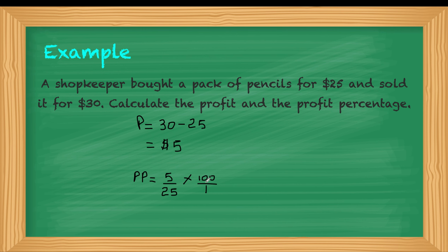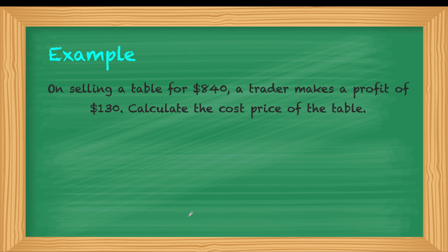Now, if we are to simplify this, we can cross multiply. We can say 25 into itself goes one time, and 25 into 100 goes 4 times. Excellent. And then 5 times 4 would give me 20%. So here we have it. The shopkeeper gained a profit of $5 and at a percent of 20%. Excellent.